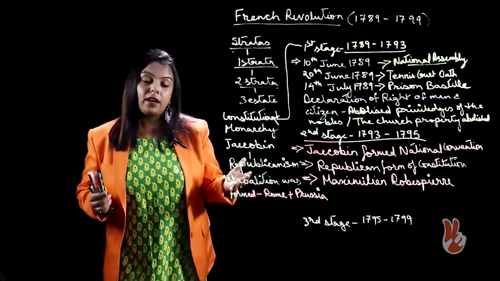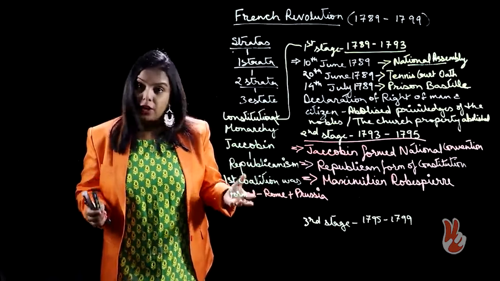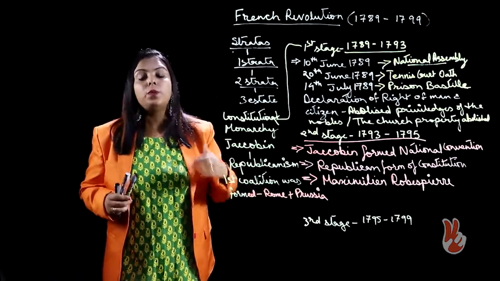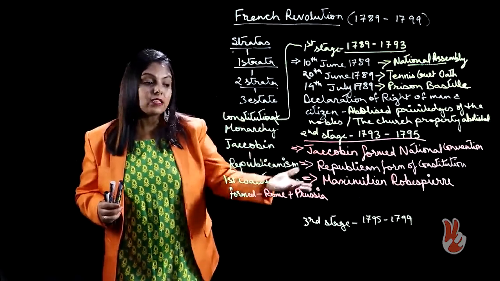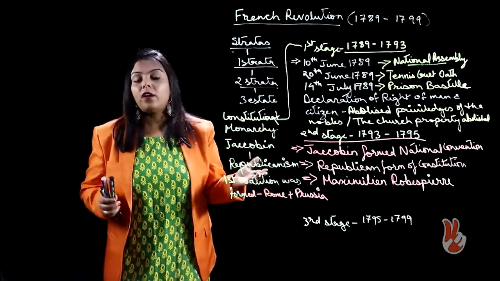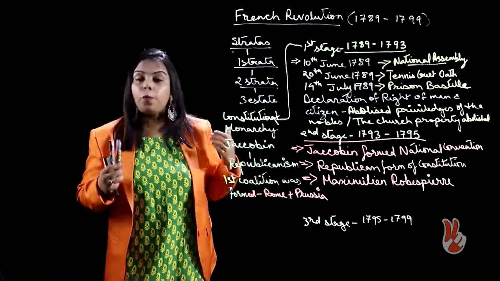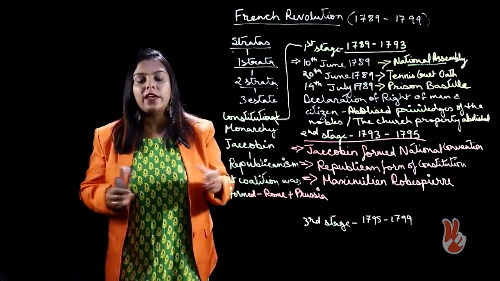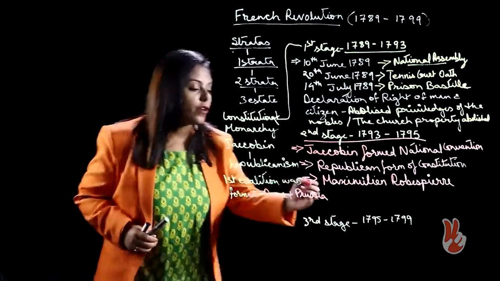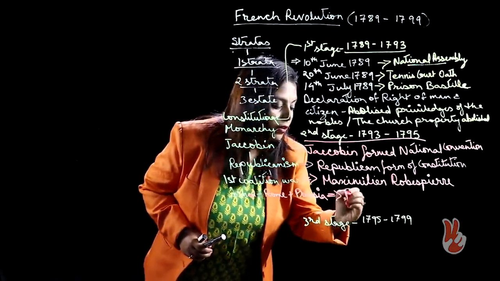Most of them were beheaded, arrested or killed. Any opposition which people tried to put forth against Maximilien's rule, they were killed, murdered or put into prison. So, he started a phase which is famously known in France as the Reign of Terror.